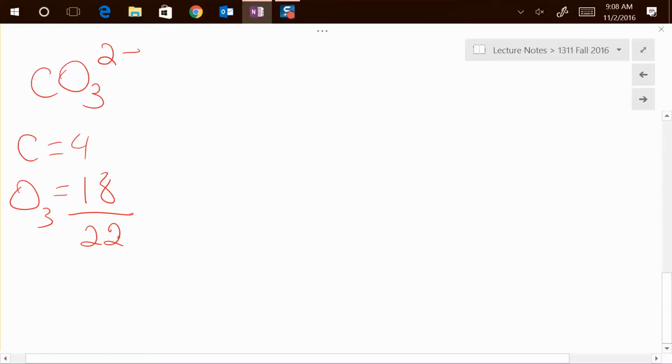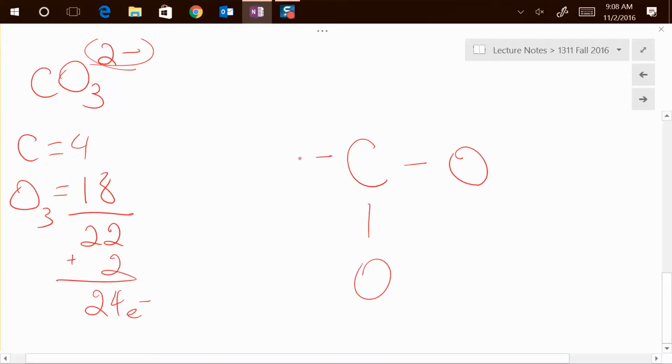Is that the number of electrons in this structure? Plus 2 is 24 electrons. There are 24 electrons in my structure. How do I start it? I put carbon in the middle, surrounded by 1, 2, 3 oxygens.